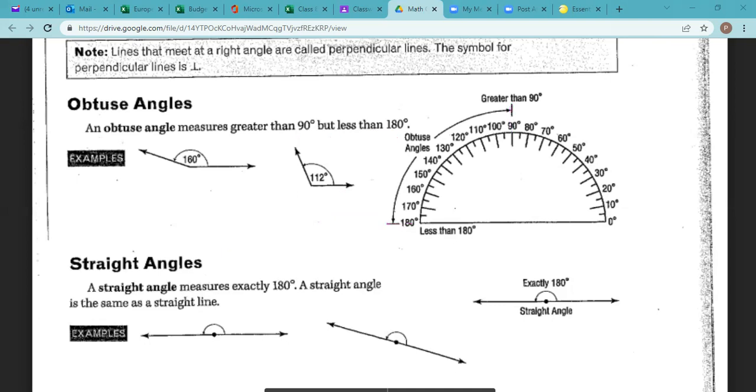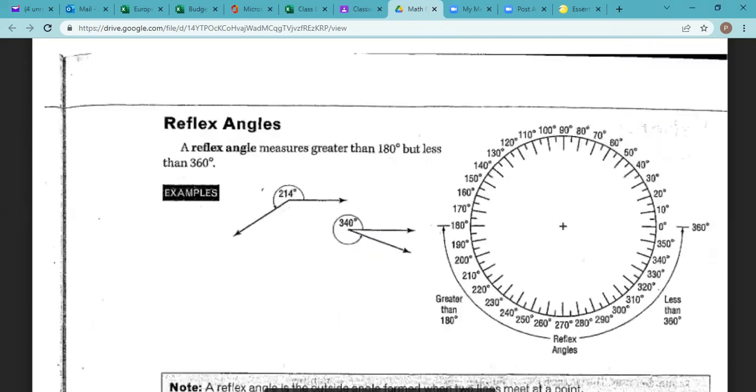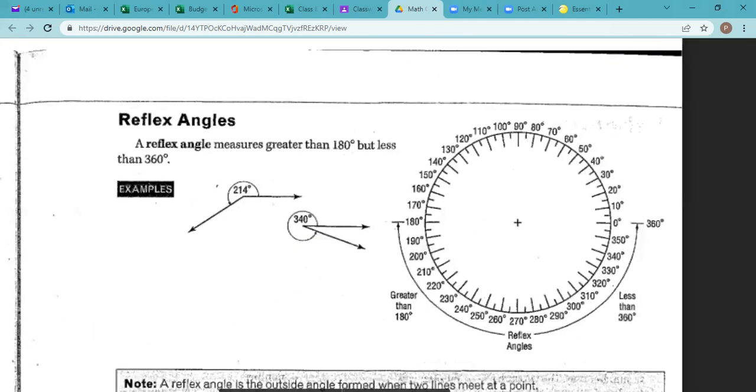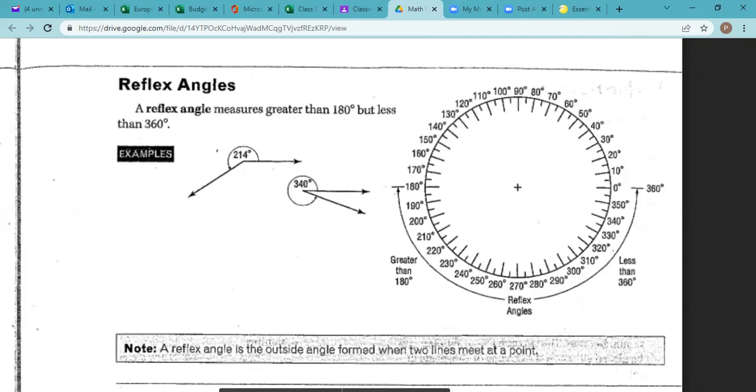Now, the last fifth type of angle that we're going to look at is called the reflex angle. Now, these are the big ones. These are the biggest angles that you can have. A reflex angle measures greater than 180 degrees, but it has to be less than 360 degrees.